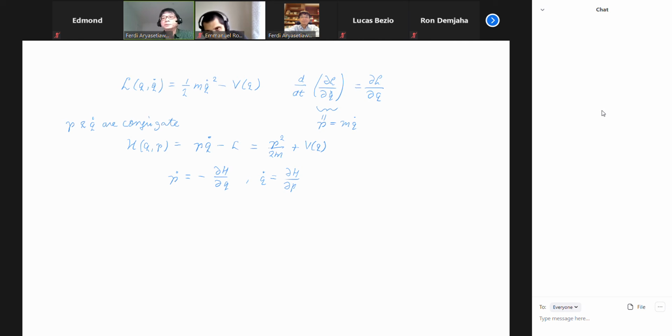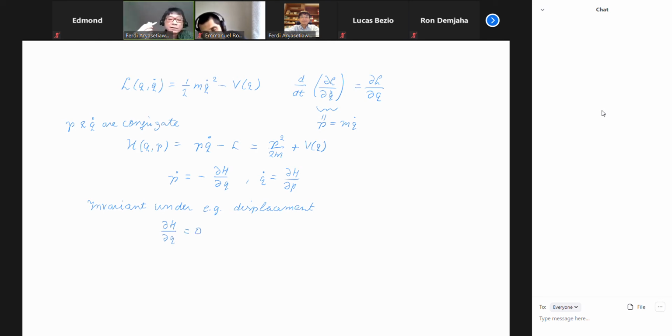But suppose now that this Hamiltonian or the Lagrangian is invariant under displacement, for example under translation. This implies that dH/dq must be equal to 0, because the Hamiltonian is invariant under translations.